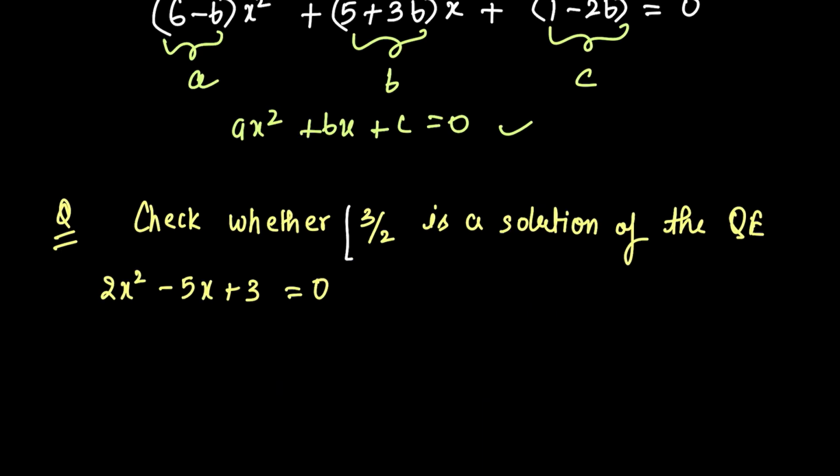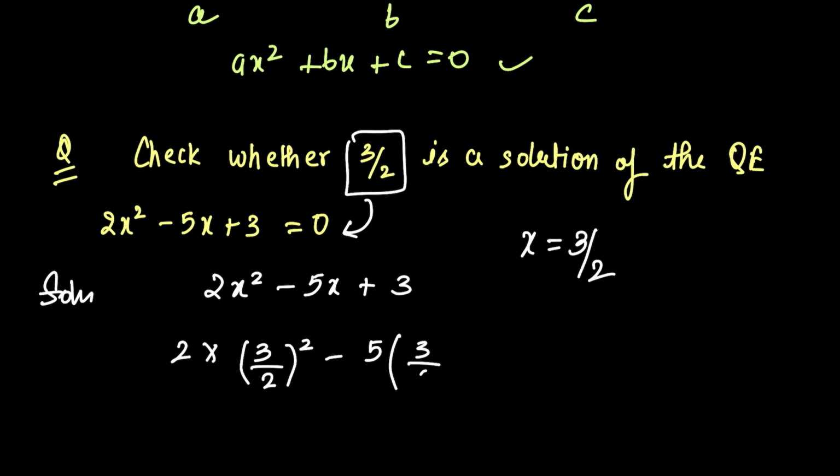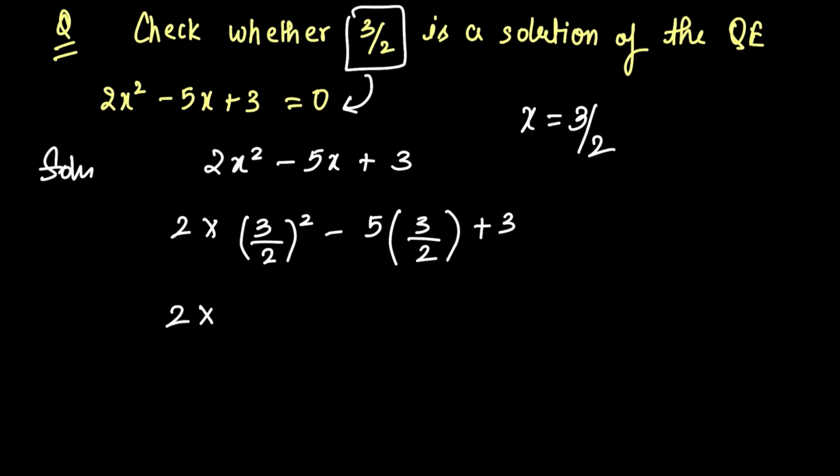So we'll put this value 3 by 2 in this equation, and if it equates to 0, then it is the solution of this quadratic equation. Okay, solution. So I take 2x square minus 5x plus 3. I put this value x is equal to 3 by 2. 2 into (3 by 2) whole square minus 5 into 3 by 2 plus 3. 2 into 9 by 4 minus 15 by 2 plus 3.